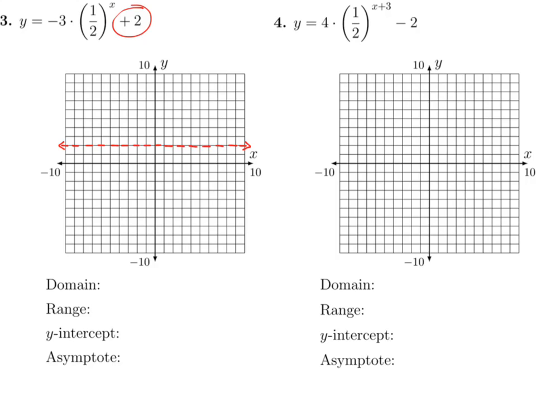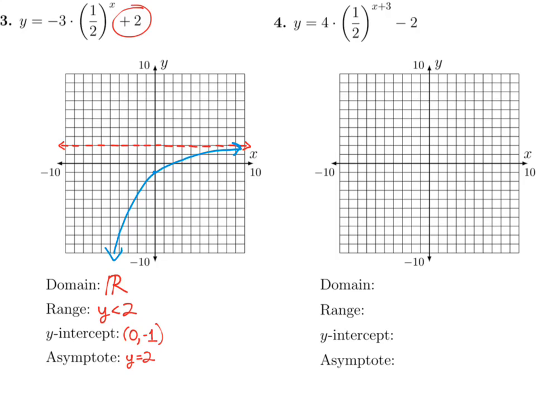Then, if you plug in 0 for x, you end up at -1 for y. Swoop up to the asymptote. The domain is all real numbers. The range is all the numbers below 2. The y-intercept is 0, -1. And the asymptote is y equals 2.